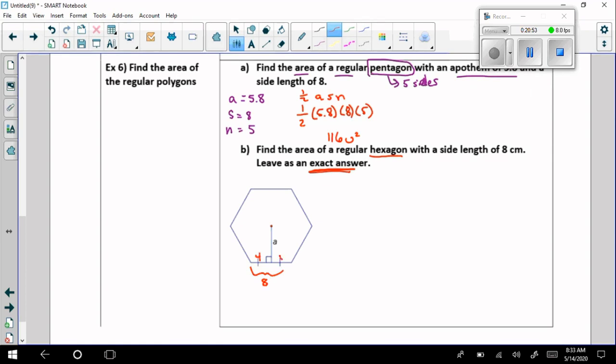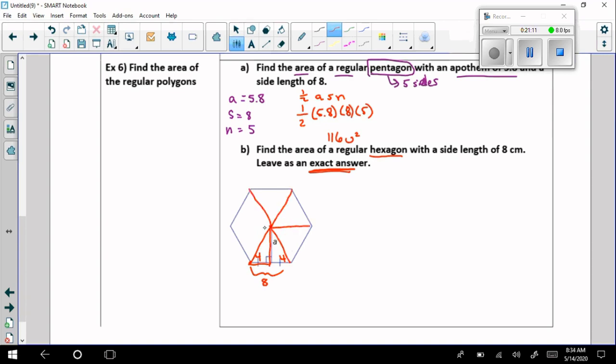So that 8 is split evenly as 4 and 4. And then if you draw that out, you can see that you have a right triangle. Okay. So we're missing 2 sides of that right triangle, not just one.